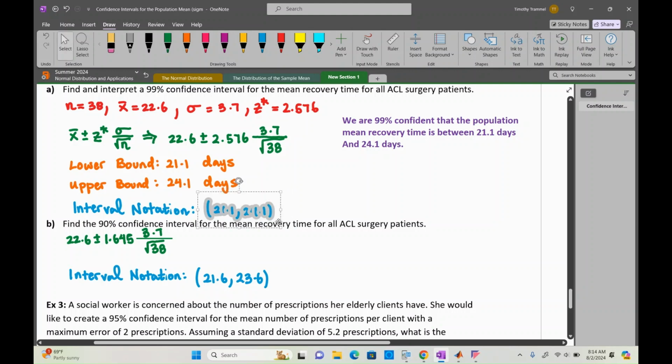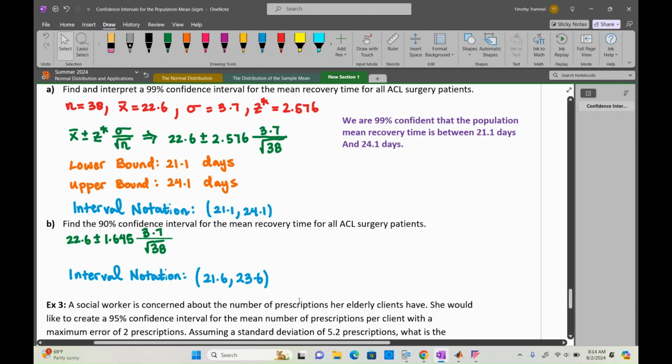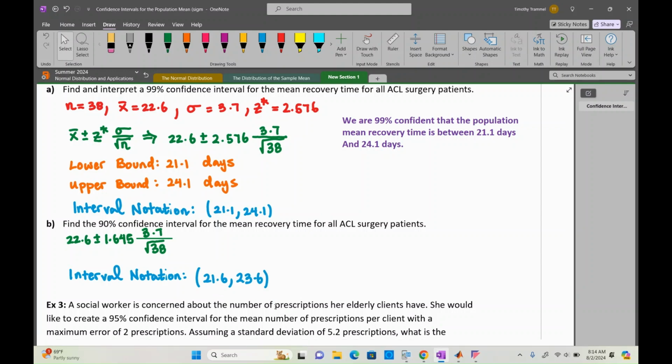And this is what can happen with these high percentage confidence intervals: sometimes they are really big. Now, the downside to the smaller confidence intervals is that we're less confident that they'll contain mu. So you'll always be battling that confidence versus the size of the interval.